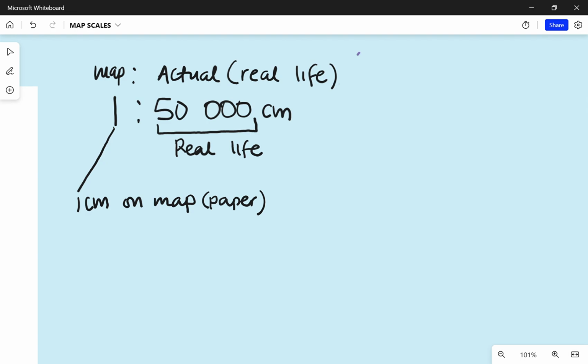That's the meaning. Meaning 1 centimeter on map is equal to 50,000 centimeters. Let me just clear this.